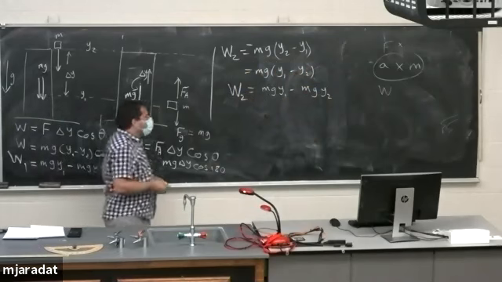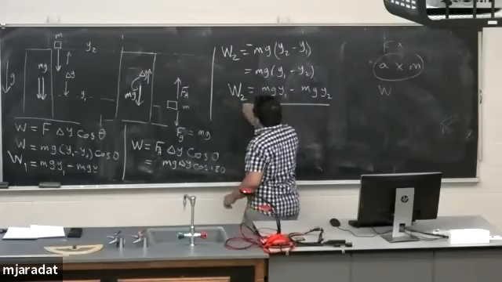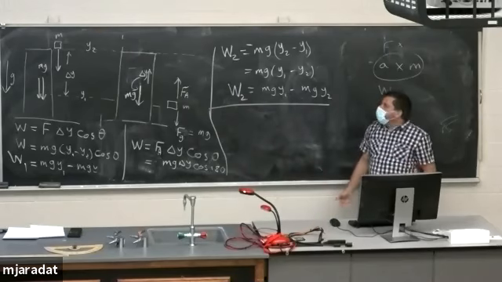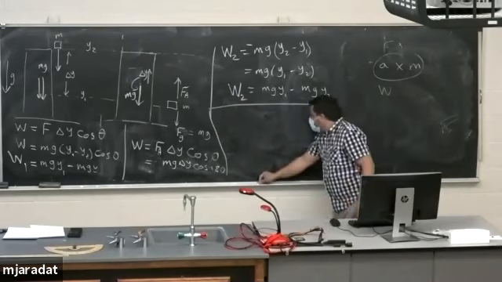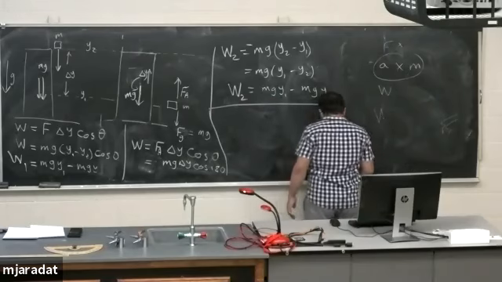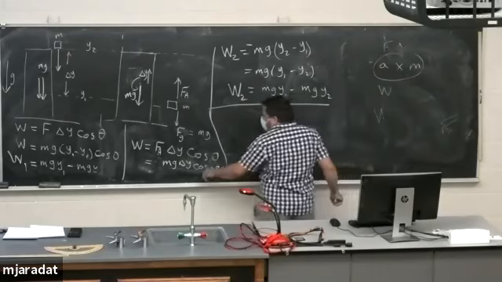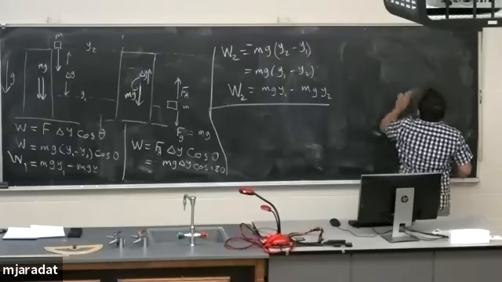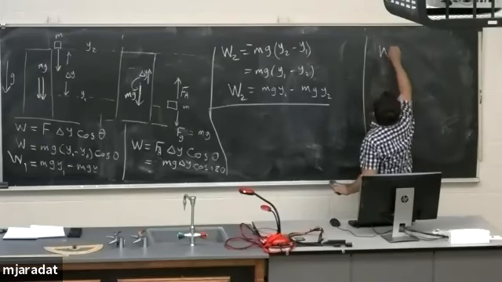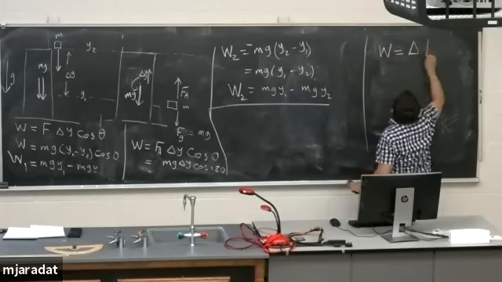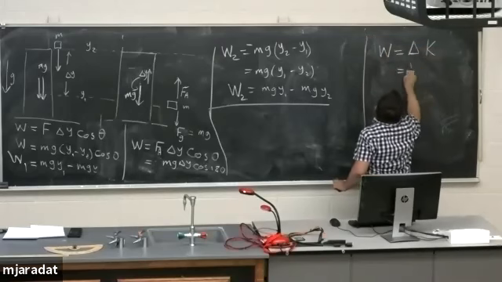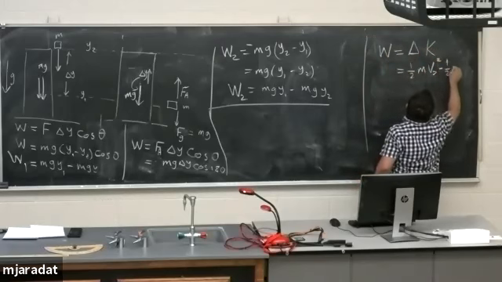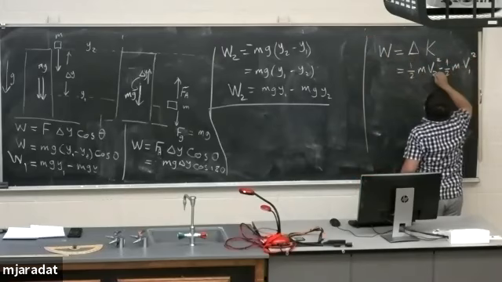What is the meaning of that? We have a new thing. We need to divide it again. Remember, yesterday we saw that the work is equal to the change in kinetic energy, which is 1 over 2 m v2 square minus 1 over 2 m v1 square.